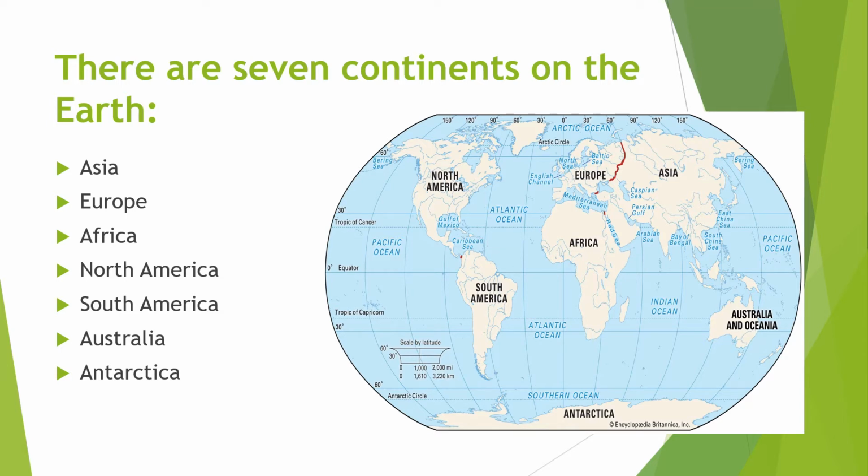As we can see, we have North America between the Pacific Ocean and the Atlantic Ocean. We have Europe that lies to the west of Asia, and we have Africa that lies to the south of Europe and Asia. We also have Antarctica at the southernmost point of our planet, and Australia lies between Asia and Antarctica.